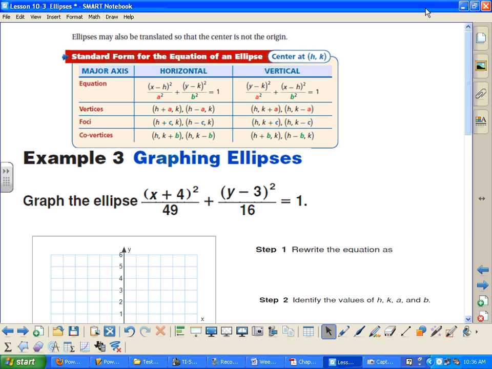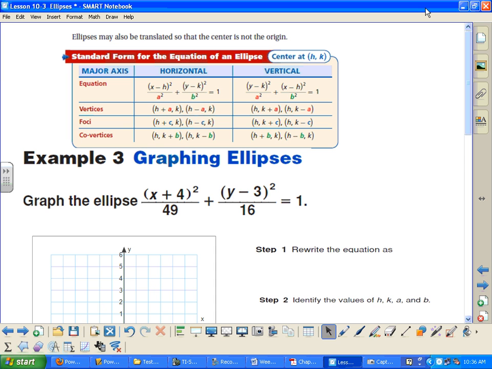Now here is the standard form for the equation of an ellipse if it's not centered at the origin. Notice, what are the letters we're using for H and K again? Yeah, H and K. We're using H and K for the center once again.